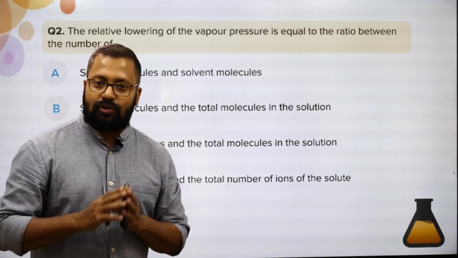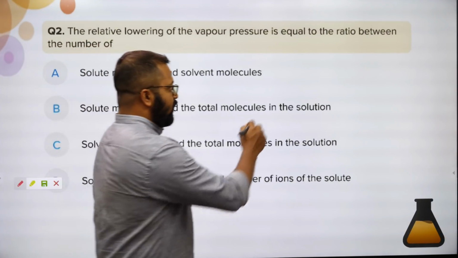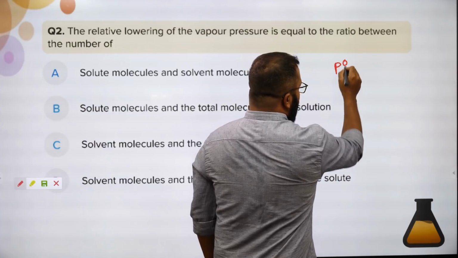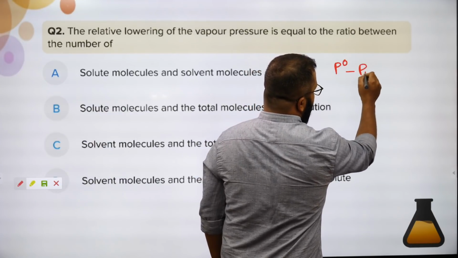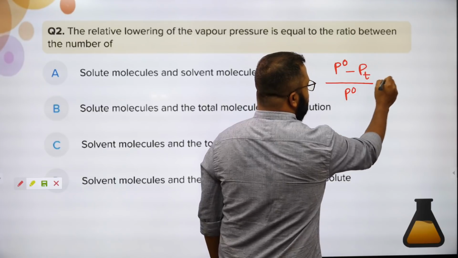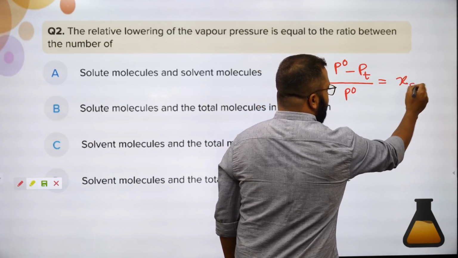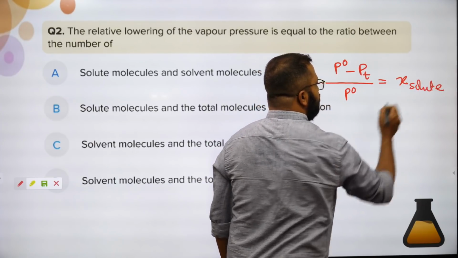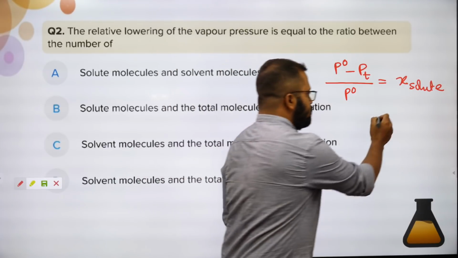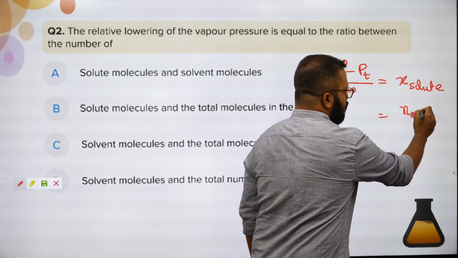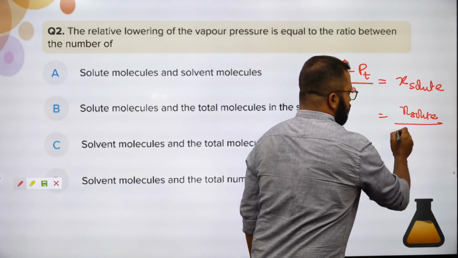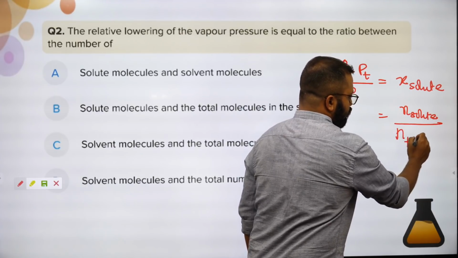The right answer is option B, because I know that relative lowering, P naught minus total pressure by P naught, is equal to the mole fraction of solute. Mole fraction of solute means number of moles of solute by N total.